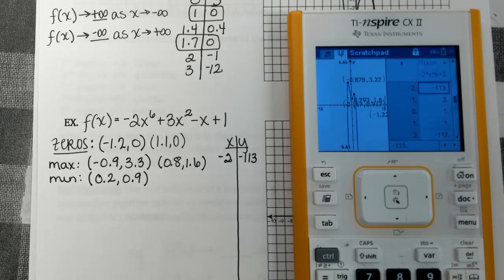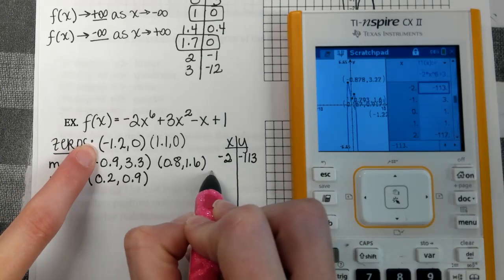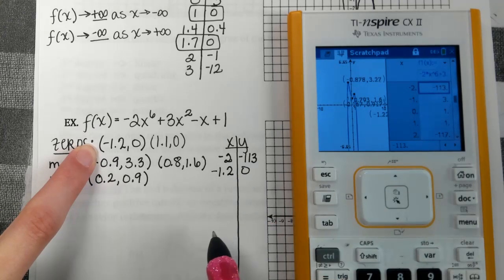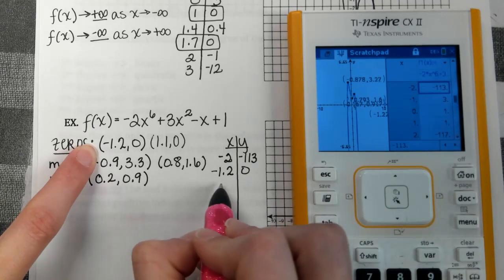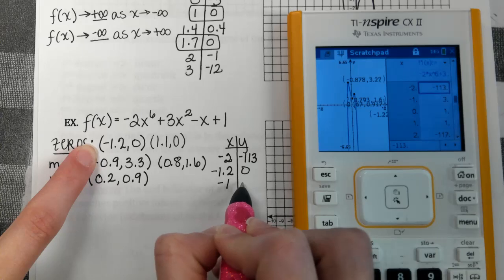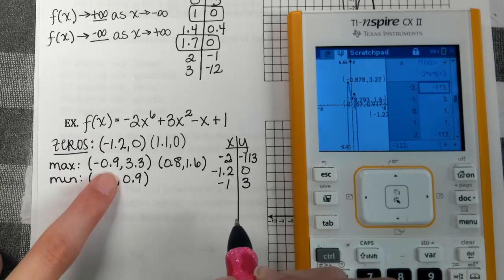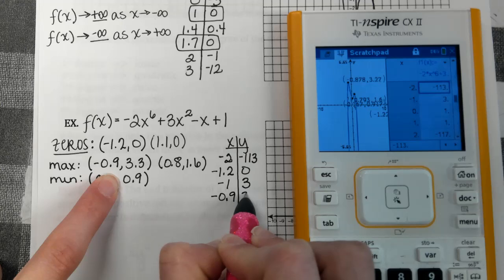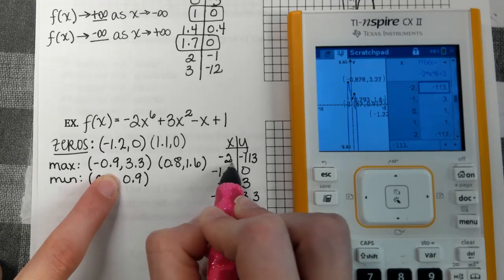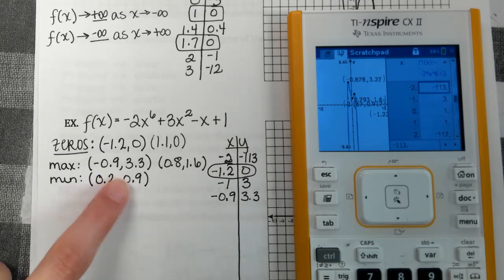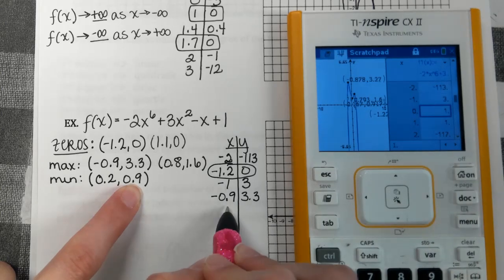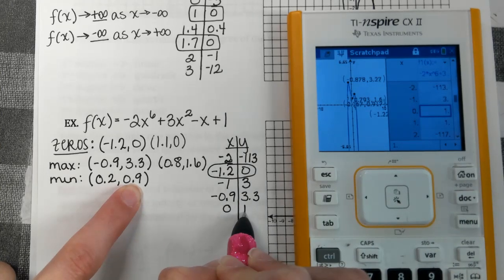Then before I do -1, I've got -1.20, and then my -1, 3, and then I have -0.9, 3.3, then 0, 1.